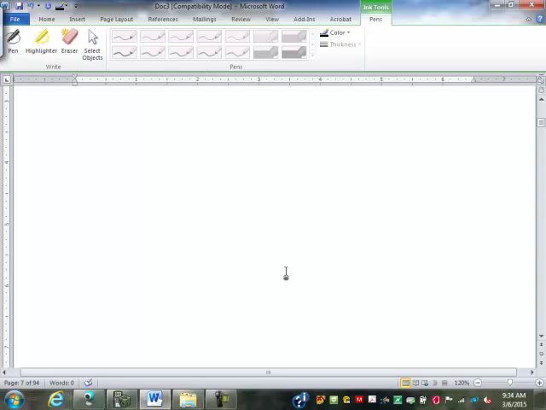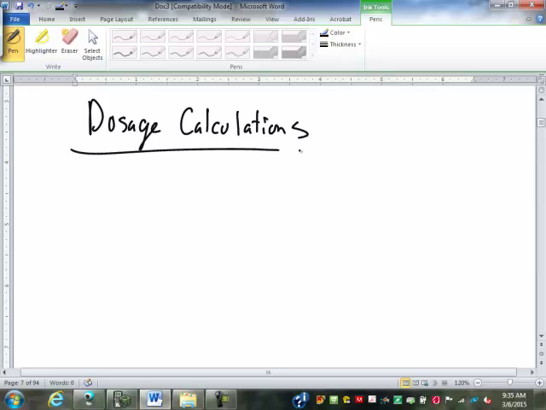Okay. The next step is we're actually going to start the dosage calculations. To me, the trickiest part about the dosage calculations is there are three methods. The method that the book pushes is also the method that the dosage calculation book you get pushes if you're in the ADN program.